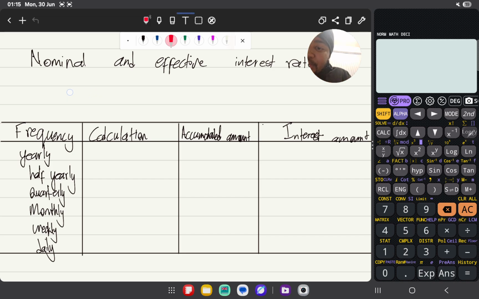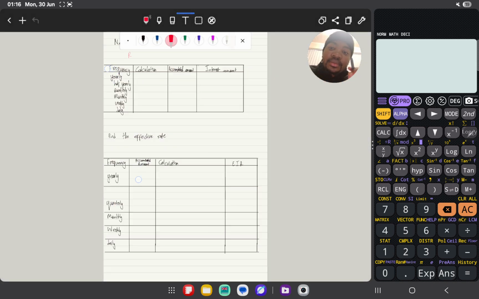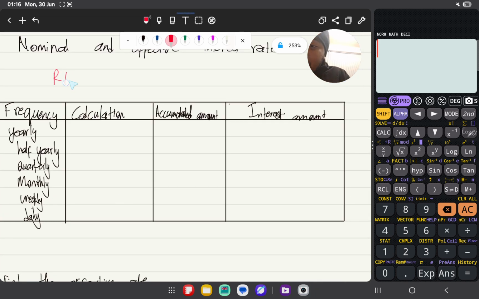So you have 1,000 rand and you make a 1,000 rand deposit into a savings account or whatever investment account, and you get an interest rate of 9.3% per annum, compounded quarterly. Let me not say anything yet about how it will be compounded.